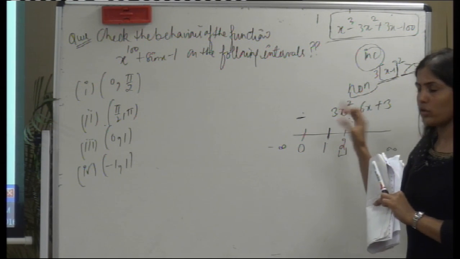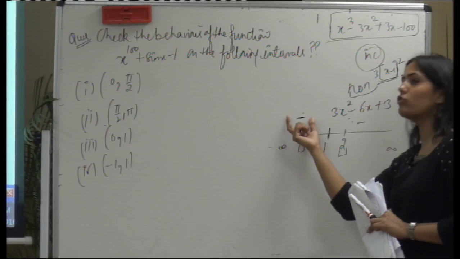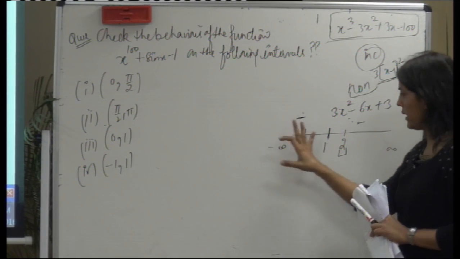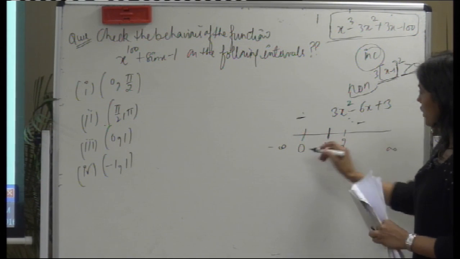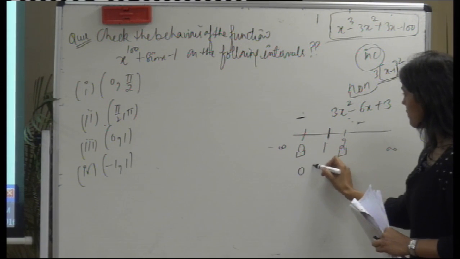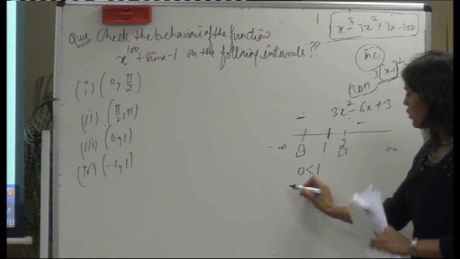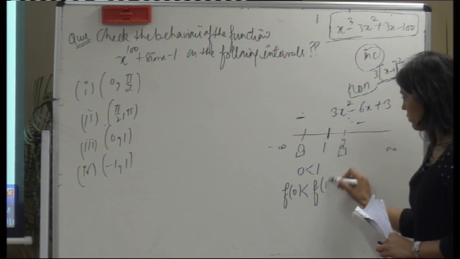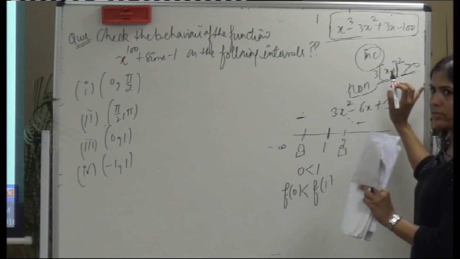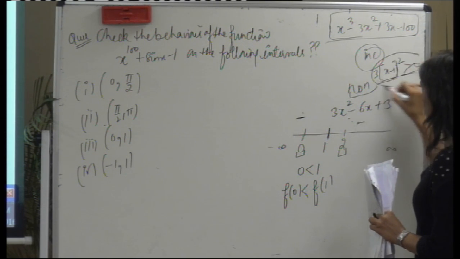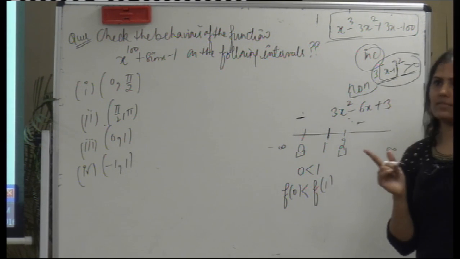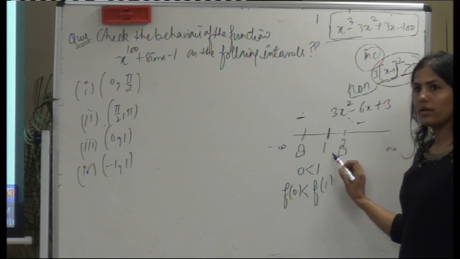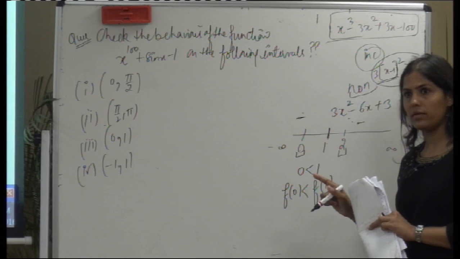Now I think what you are doing is checking the function's behavior in this interval, just checking the value. I just took 0 less than 1, f of 0 should be less than f of 1, because from my derivative fact I am very clear that it should be increasing. Now I am applying 0 is less than 1, so f of 0 should be less than f of 1 if it is increasing.